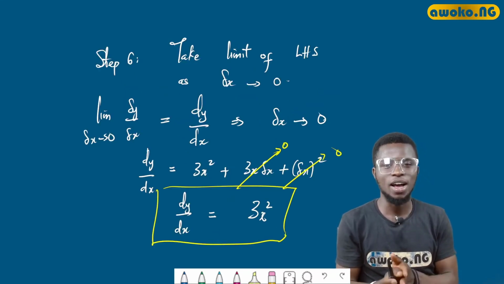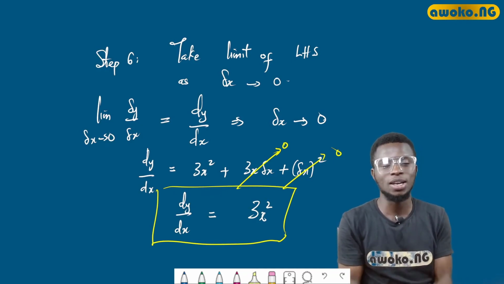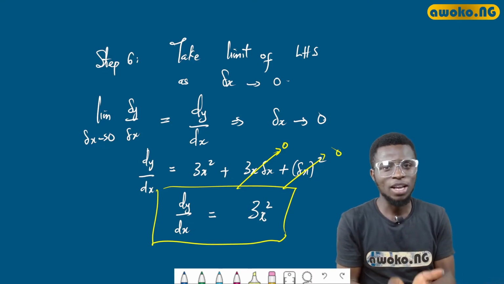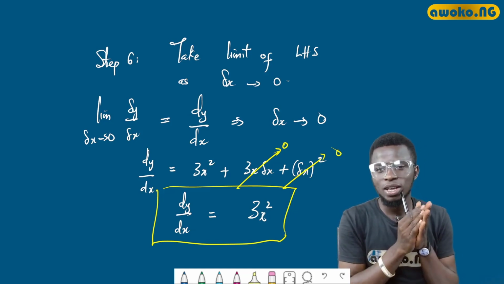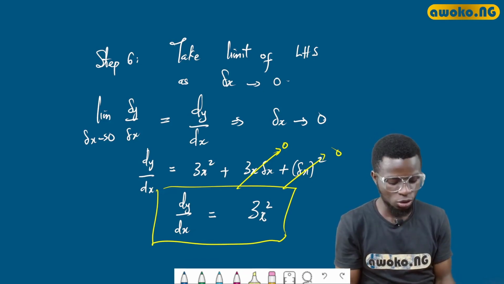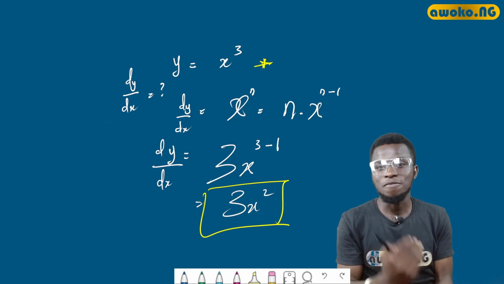You realize that we have the same answer. So whichever method you feel like using in your exam, you're good to go. Just make sure that you have the same answer. Mind you, if you're not specified to use first principle or the formula method, I would advise you to always use your formula method because it takes you to the answer faster.